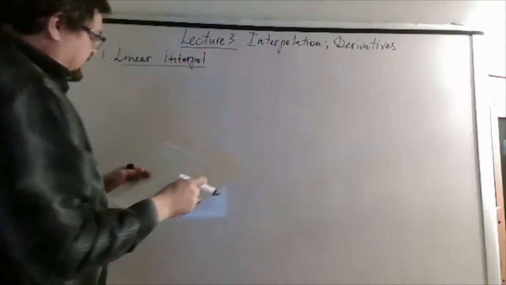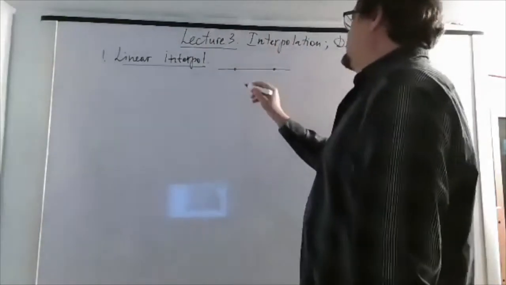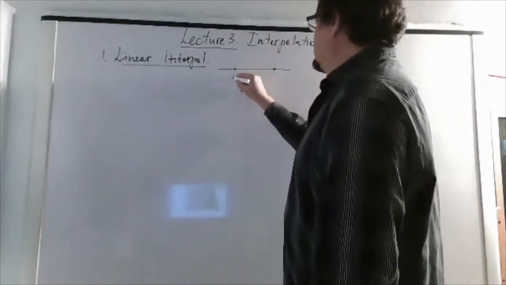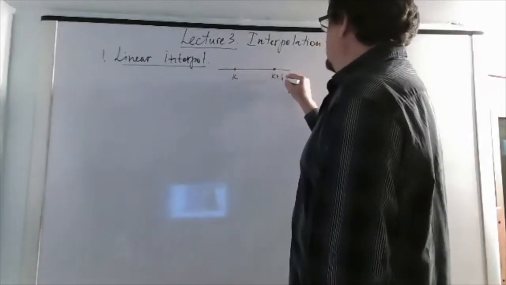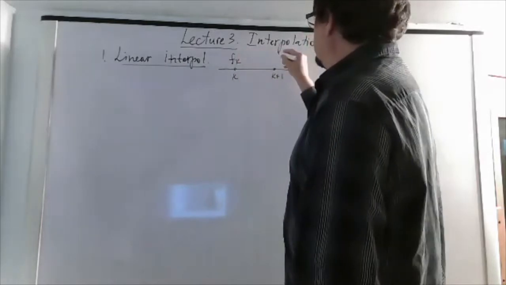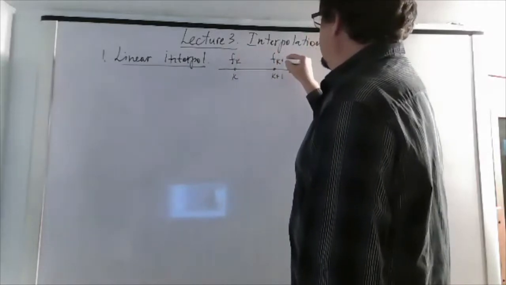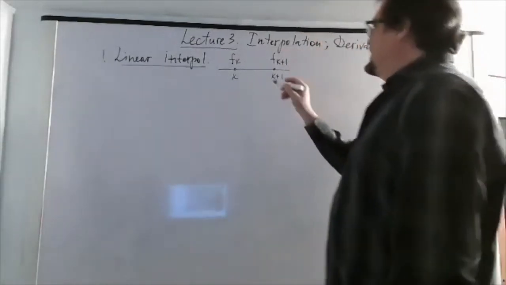In linear interpolation, you have 2 grid points, say k and k plus 1, and you have values of the function at those points, fk and fk plus 1.